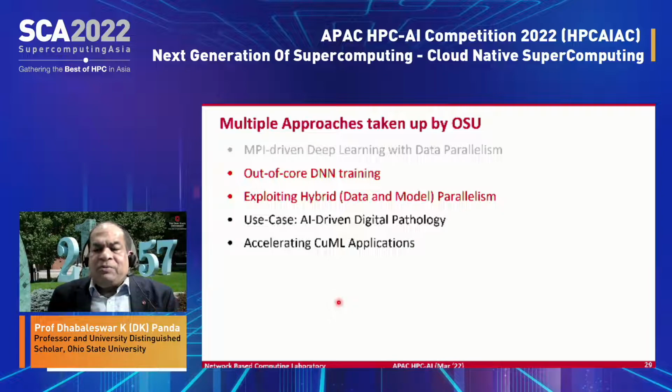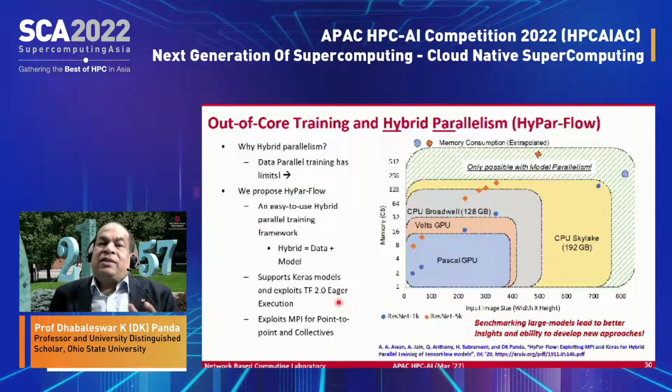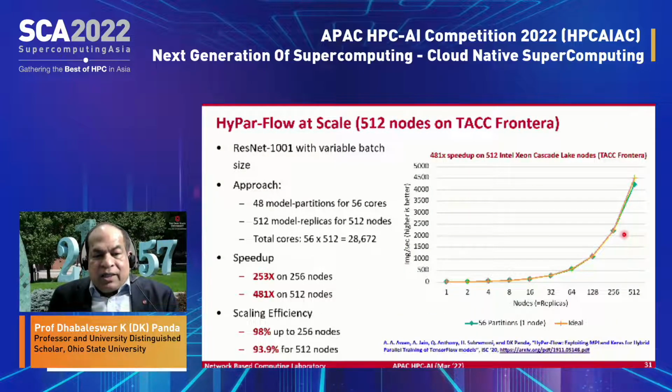Now those are with basic data parallelism, but gradually, as you can see, the model sizes are increasing, and you cannot fit those within a single GPU. So as you can see here, depending on the different GPU and CPU memory, these are the regions where only model parallelism is possible. Okay, so we have developed this HyPar framework.